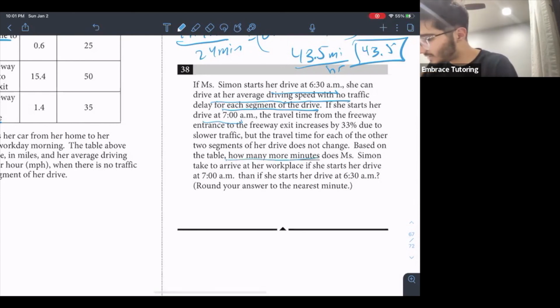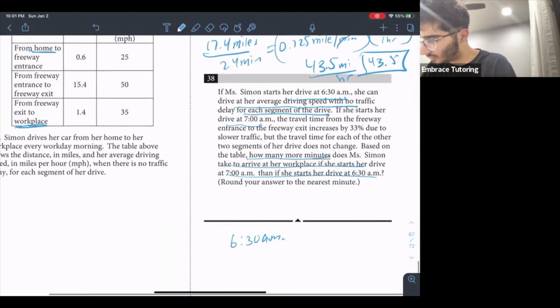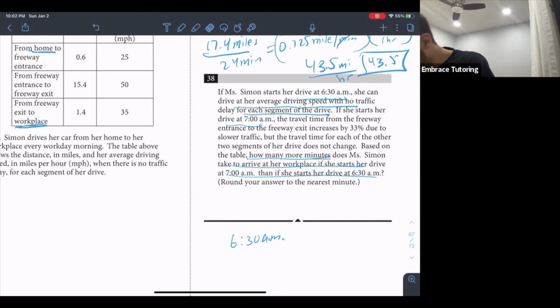So to solve this last problem, start with 6:30 a.m., when she drives at her average speed with no traffic.